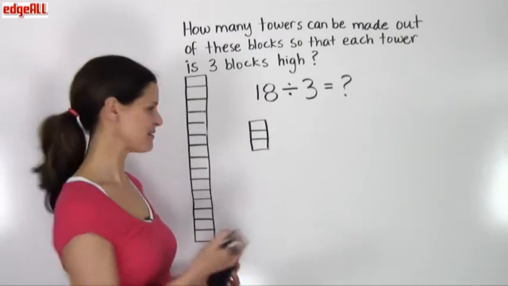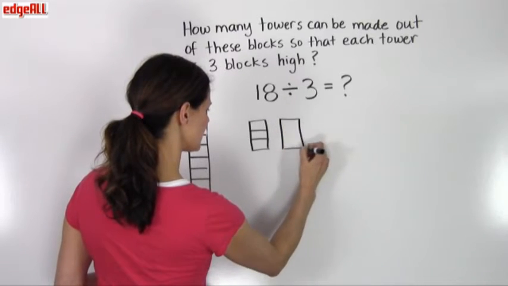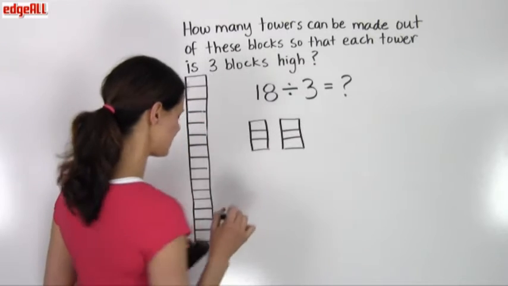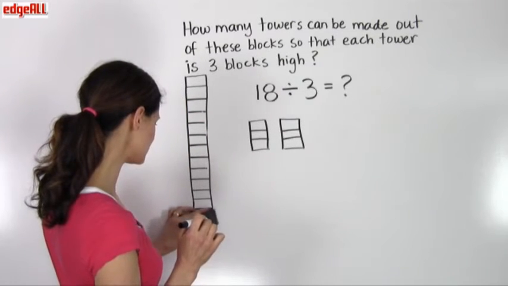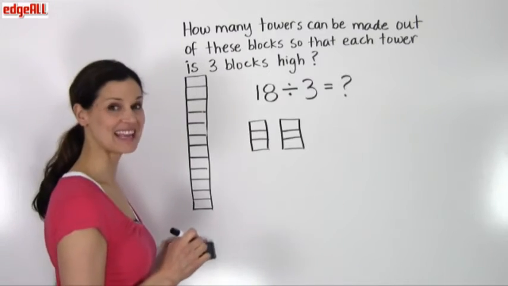And I'm going to do that again. I'm just going to repeat that. So 3 more, because I'm dividing by 3. So I have another little stack of 3, and I'm going to erase 3 of my blocks from my big stack, my total.